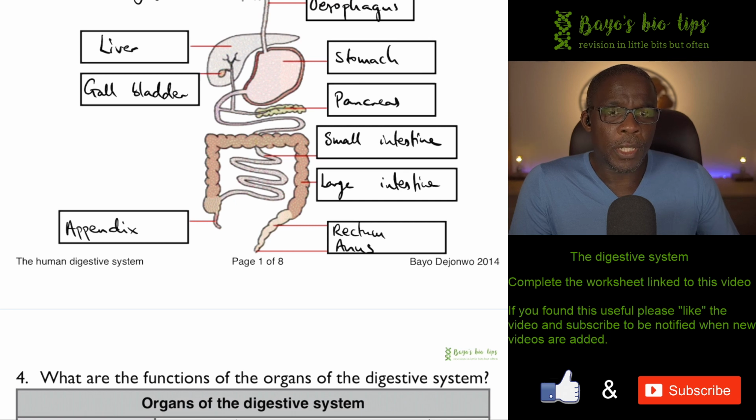Actually, longer than that. Let's think 10 minutes. So pause the video for about 10 minutes and then see if you can work out what the functions of these different parts are. Use the internet, textbooks, whatever you need to, see if you can work them out, and then come back after 10 minutes. Pause now. Okay, so let's have a look.